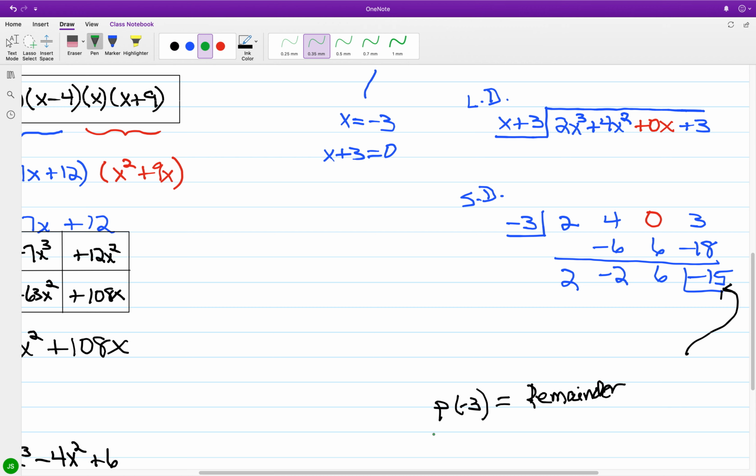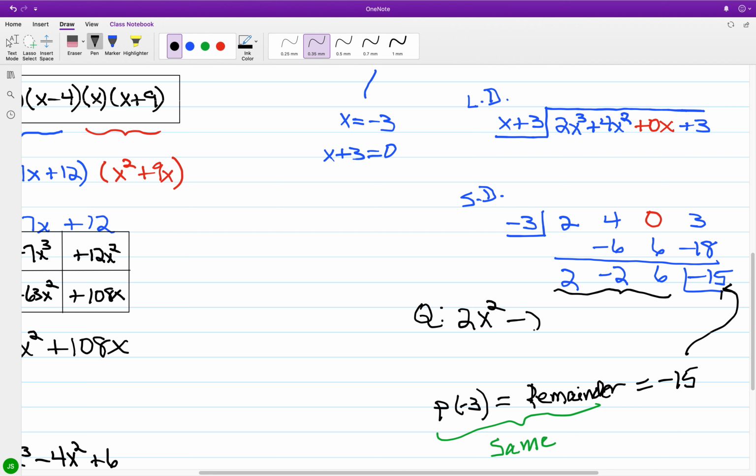I'll just stress this: p of negative 3, as well as the remainder, is equal to negative 15. And for the quotient itself, 2 is in reference to 2x squared, negative 2 is in reference to negative 2x, and we have minus 6.